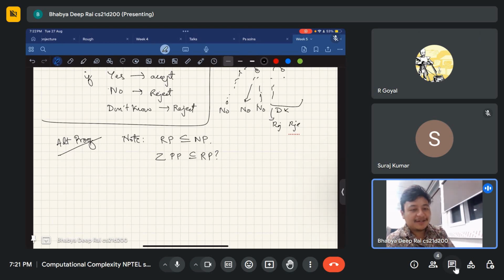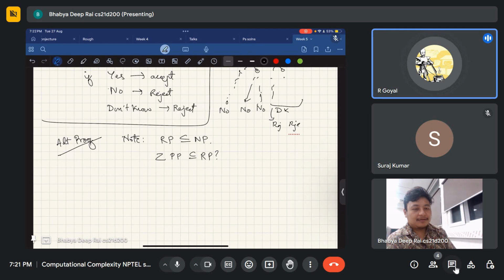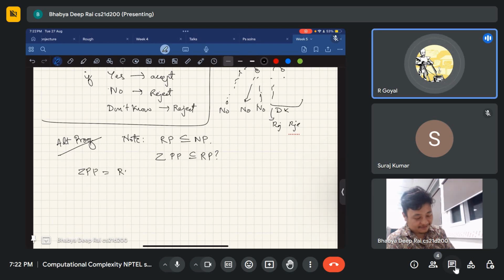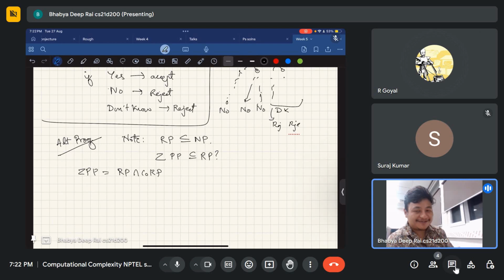Yeah, go ahead. Yes, but ZPP is equal to the intersection of RP and coRP. Good. So if it equals the intersection of RP and coRP, then it shows that some portion of the ZPP would belong to coRP as well, and not only to RP. Yeah. But be careful. This is talking about intersection, so we can say something more.